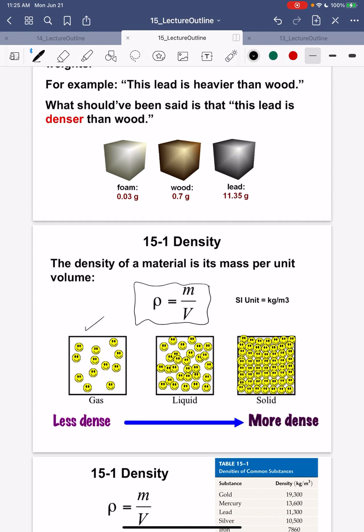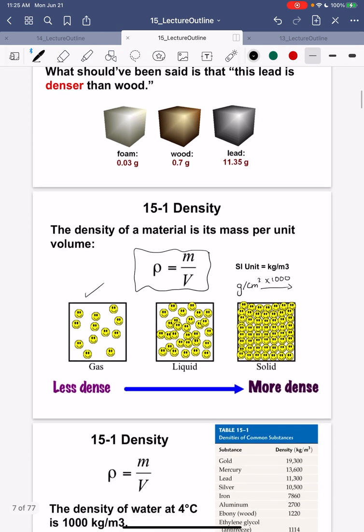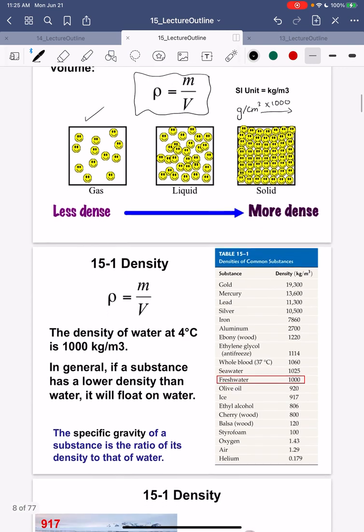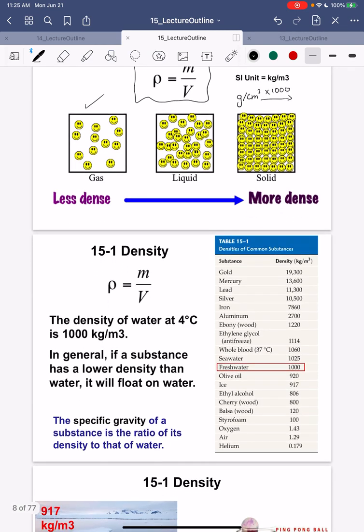The SI unit is kilograms per cubic meter. Most of the tables are going to give you grams per cubic centimeter, and in order to have it in the correct units, you need to multiply by 1,000. This table here is in kilograms per cubic meters.